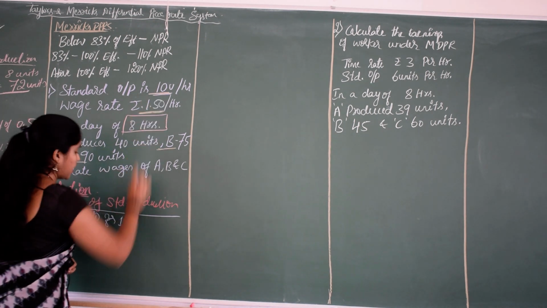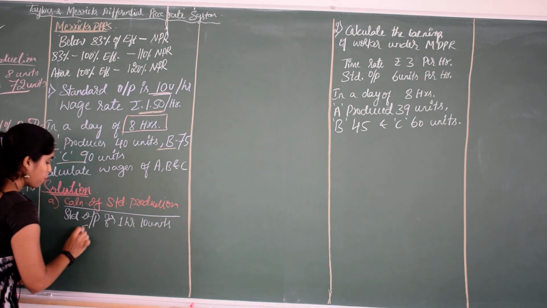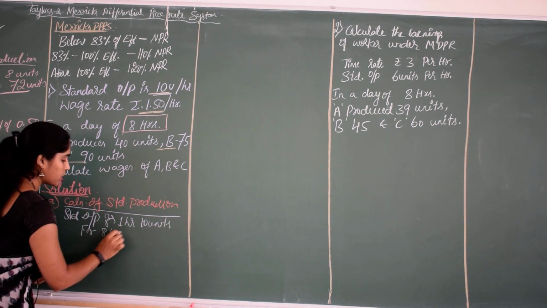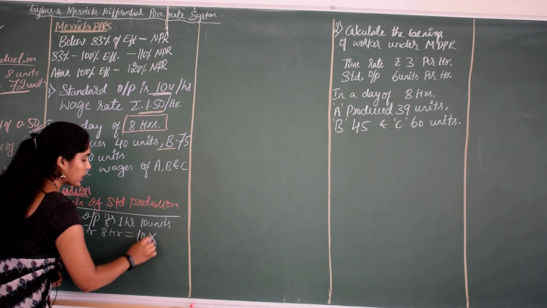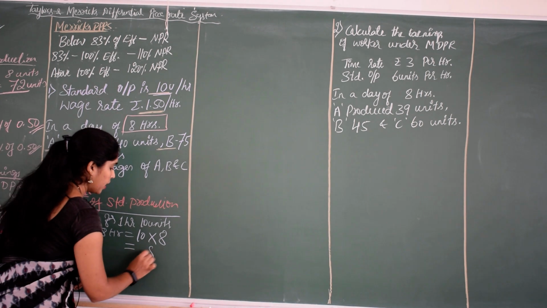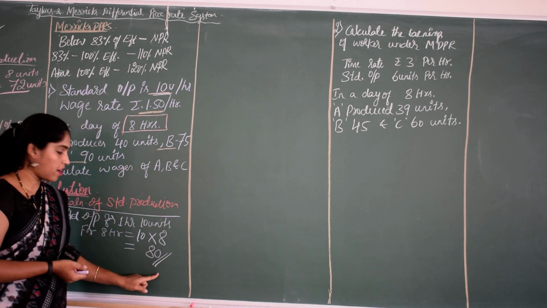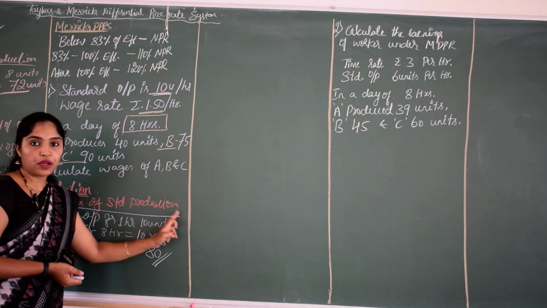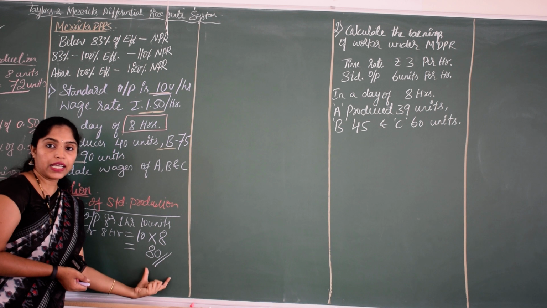Just multiply 10 into 8, and we get 80. So this 80 is our standard production. The standard production of this problem is 80 units.